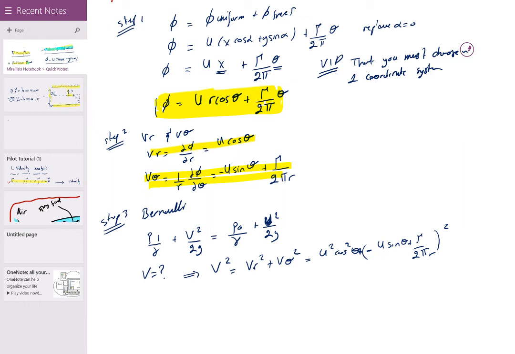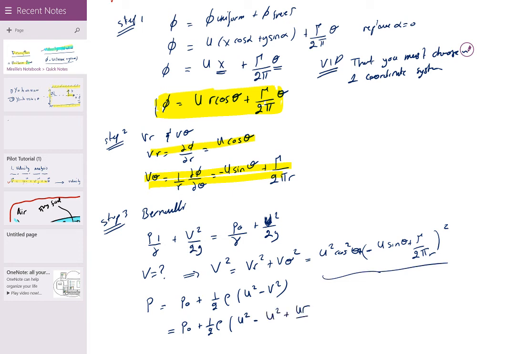Now I need to find the pressure: P equals P naught plus 1 over 2 rho (U squared minus v squared), which is equal to P naught plus 1 over 2 rho (U squared minus, I'm just going to copy, U squared plus U gamma over 2 pi r sine theta minus gamma over 2 pi r squared).